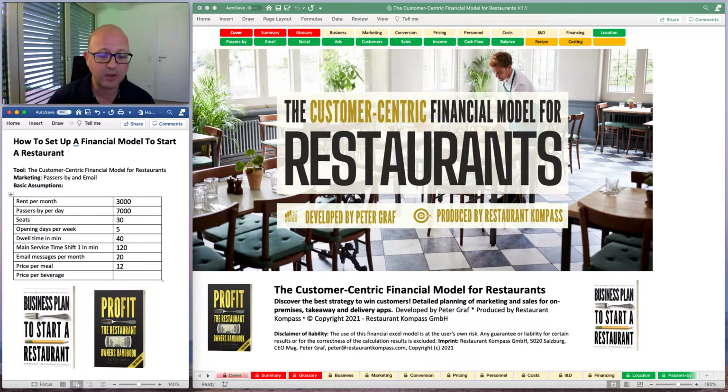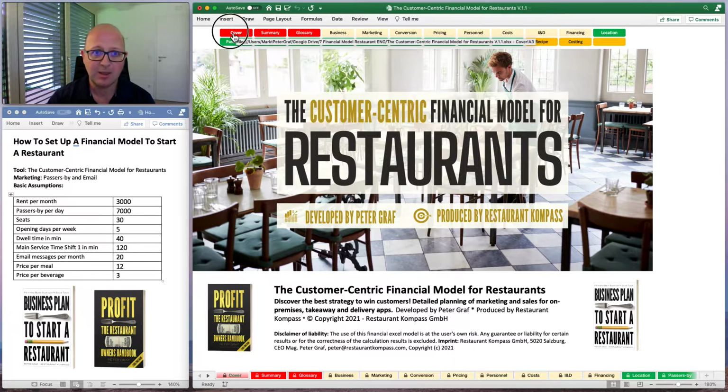And how much is he going to spend on the beverage? And let's say $3 for one beverage. So we do have some basic assumptions to start with our financial model. Of course, these are not all assumptions, there are much more details, but we already made our mind and do have a rough plan. So now I'm starting with you to populate this financial model with data.